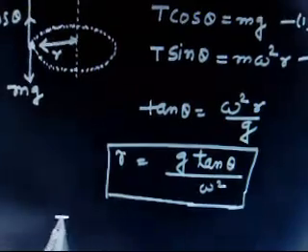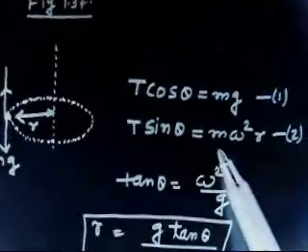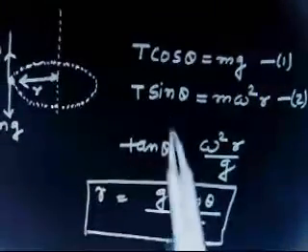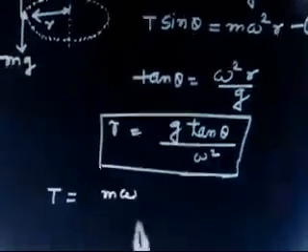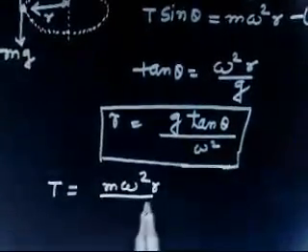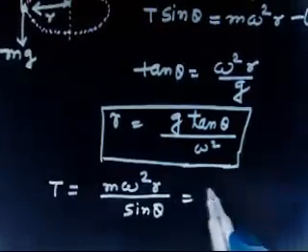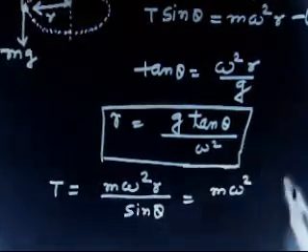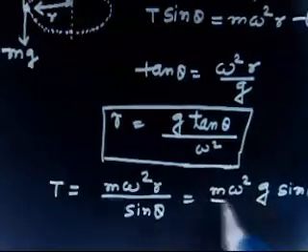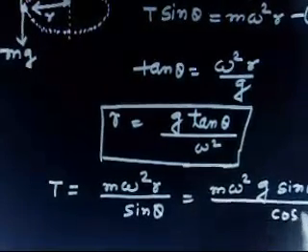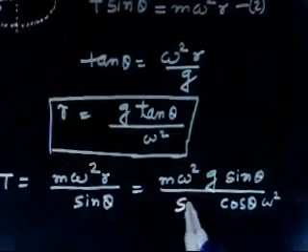Question also says find the tension. So if you plug the value of r in equation 1 or equation 2, you can get tension as m omega square r by sin theta. So m into omega square r is given by g sin theta by cos theta, that is tan theta, into omega square, and you will have 1 sin theta here.